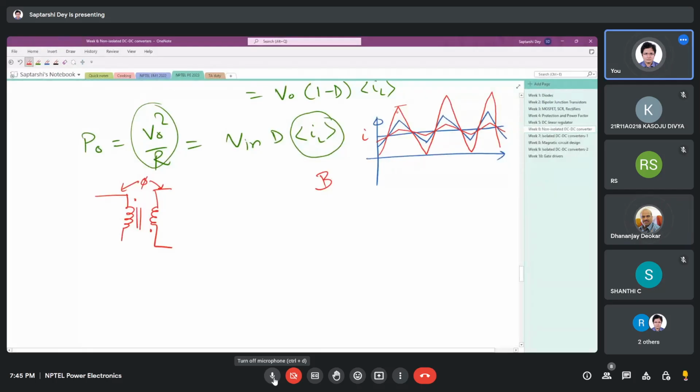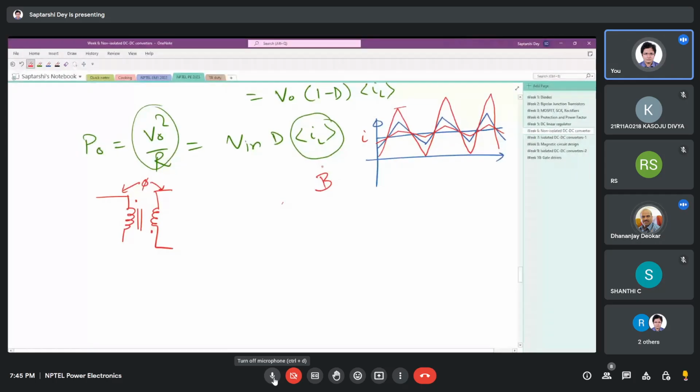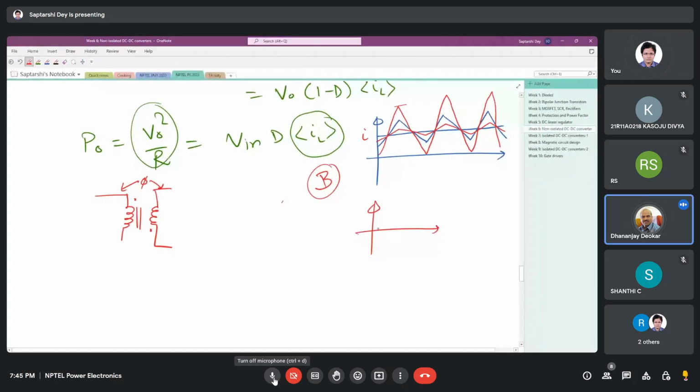I should not say B is very large; your flux is going to be very large, and if you have to keep B at your desired value, maybe at the knee, then you have to have a larger magnetic circuit, a larger core of the inductor. That is why with reducing frequency, inductor size increases. But again, sir will discuss that magnetics part in the flyback transformer design.